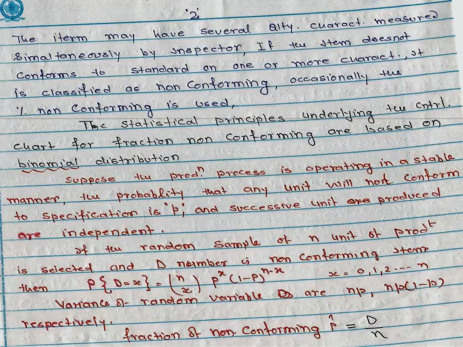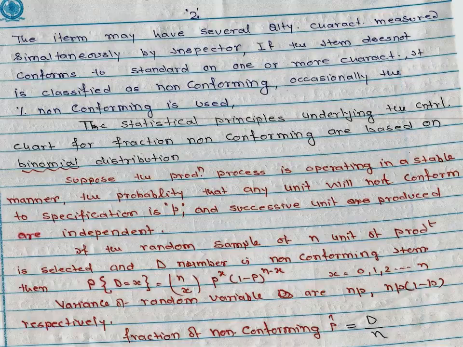If the item does not conform to the standard on one or more characteristics, it is classified as non-conforming. Occasionally the percentage non-conforming is used.